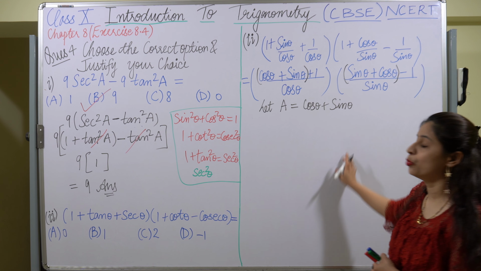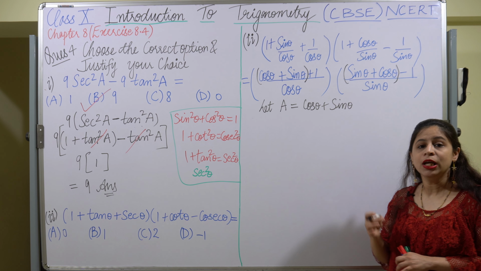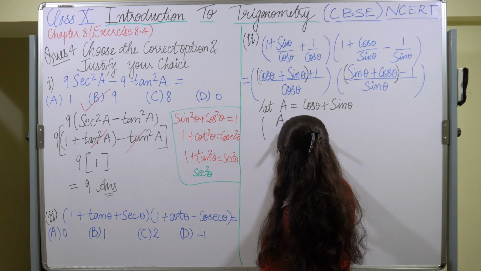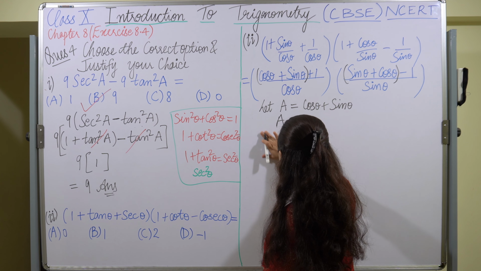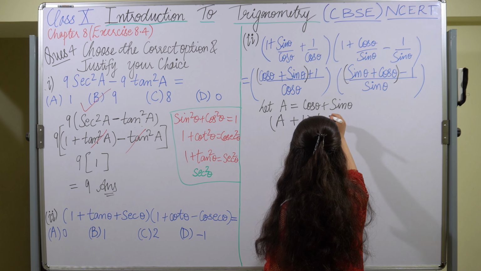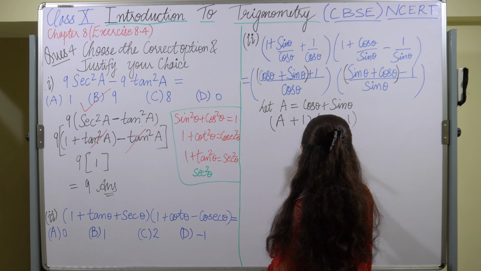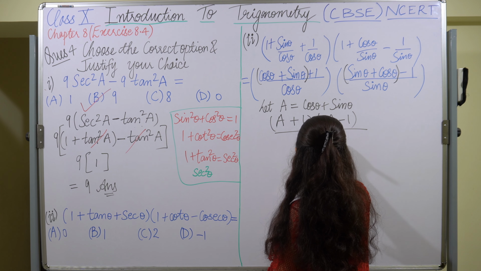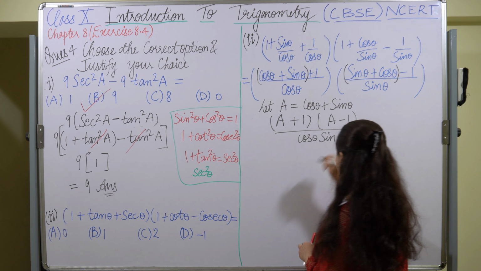We can assume it to be equal to A. So we can get over here A plus 1 in the numerator, and here A minus 1 upon cos theta sin theta.